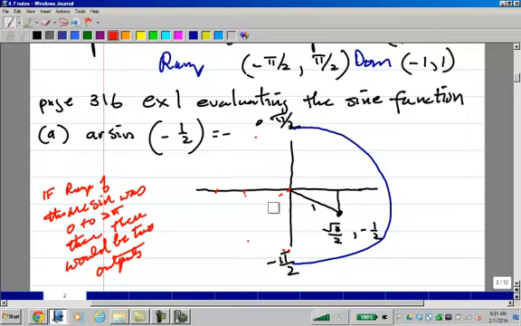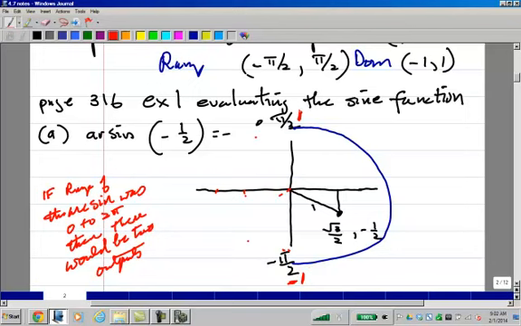Okay, so we look at negative 1/2. Okay, the y value of negative 1/2. The only place you can have a y value of negative 1/2 is right here. Okay. So notice this is negative pi over 2, and this is where the sine is negative 1, and here is where the sine is 1, right?